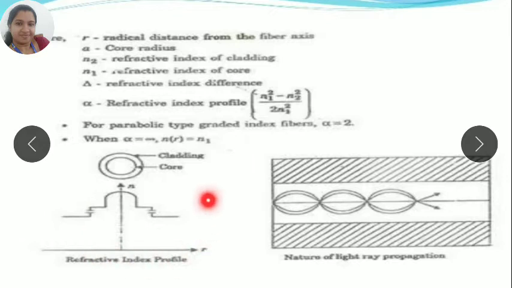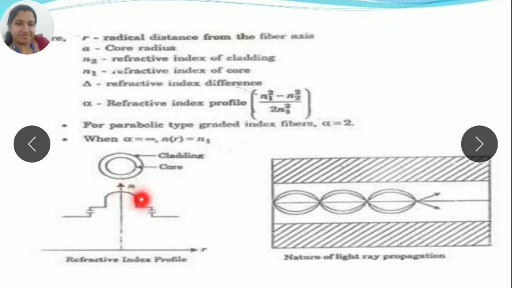This represents the refractive index profile of graded index fiber. The first line is not a straight line, it is a curved line, and the point at the axis represents the maximum value of refractive index. From the axis to the core-cladding interface, the refractive index is decreasing.